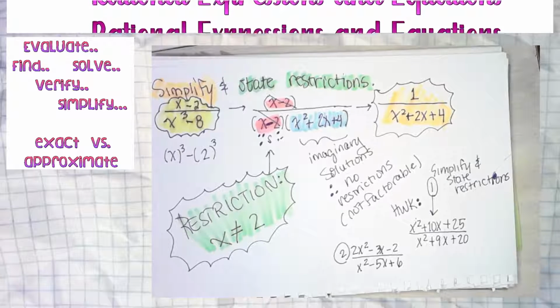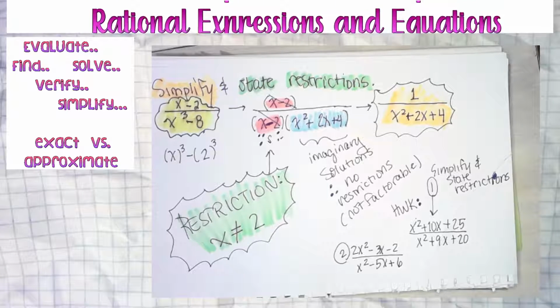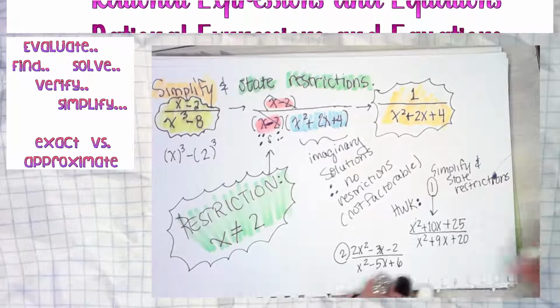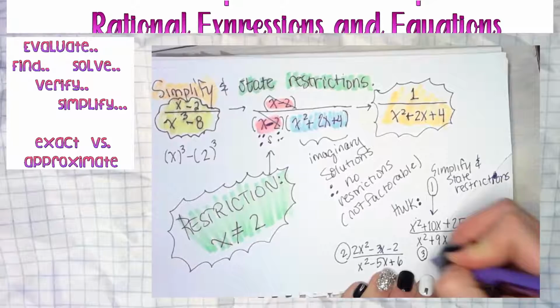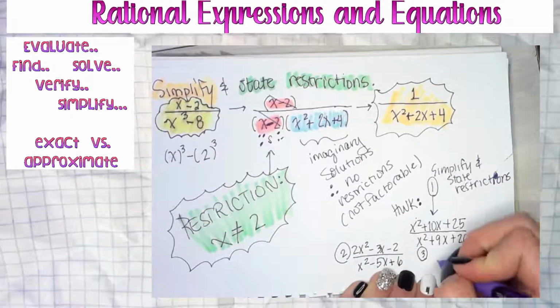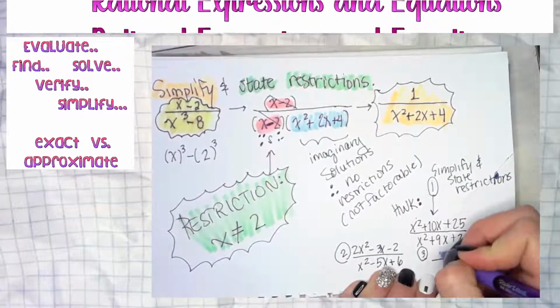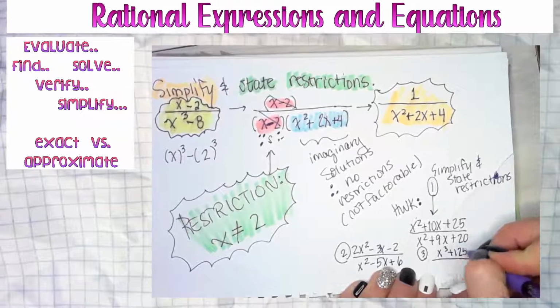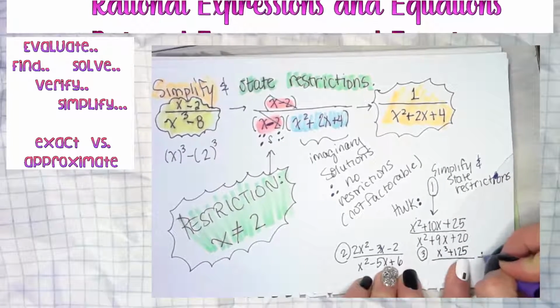And let's do one more. In this one, I'm going to add a detail to it. I'm going to include something like this and turn it around a bit. So let's do x cubed plus 125. And I'm going to put divided by.